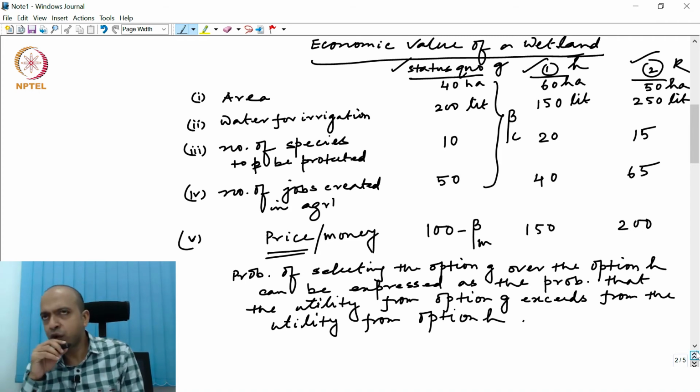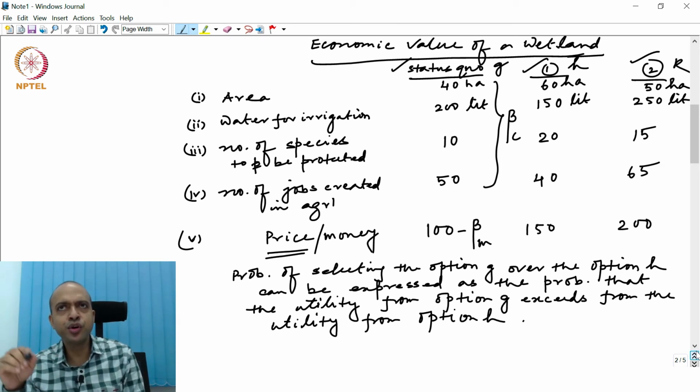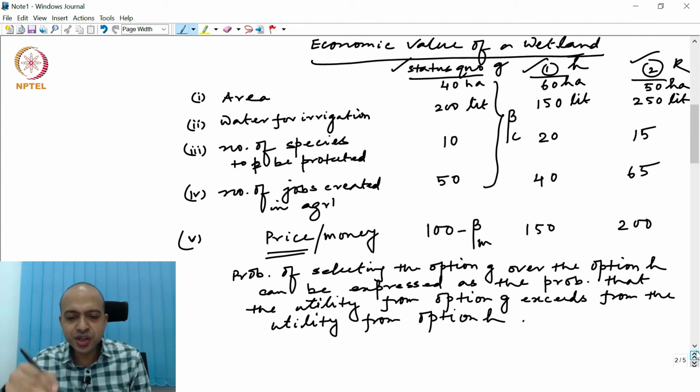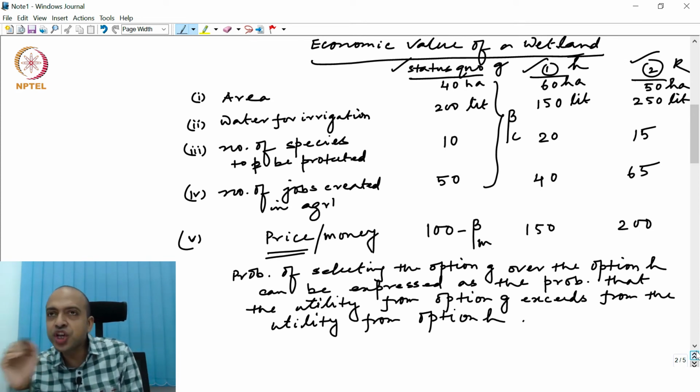In contingent valuation method, the way we created the market, it was very easy for the respondent to understand. But here I am describing the product in terms of different attributes, and then it is very challenging for the researcher.